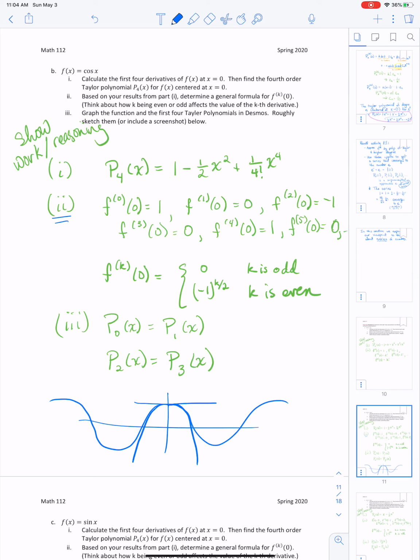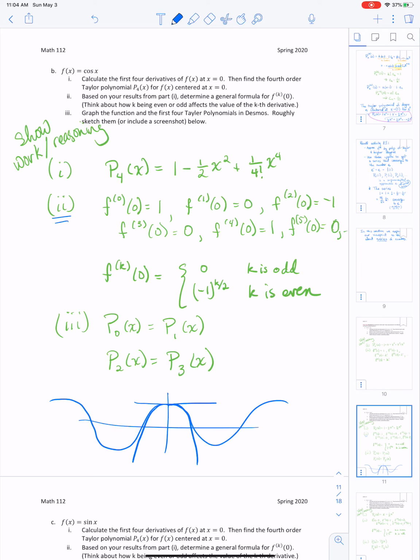So here we have a negative 1, then we differentiate negative cosine and we get back to sine, and so there's the 0 here. So every other time we differentiate, we have either plus or minus sine, and so we have a 0. And then the alternating ones, the derivatives, are going to be either 1 or negative 1.